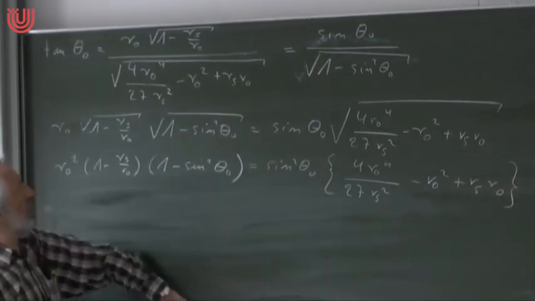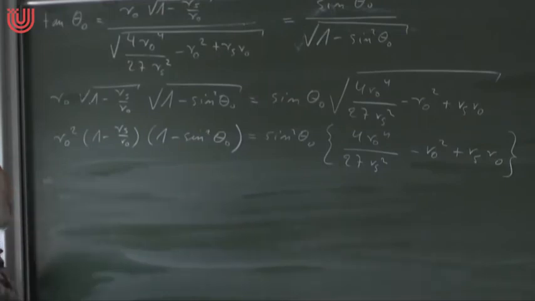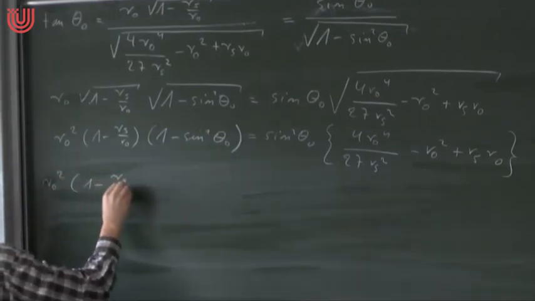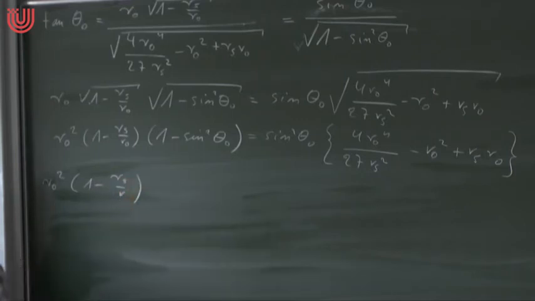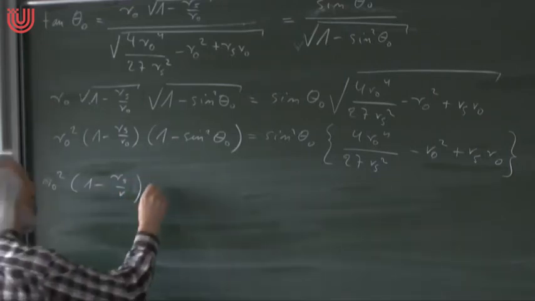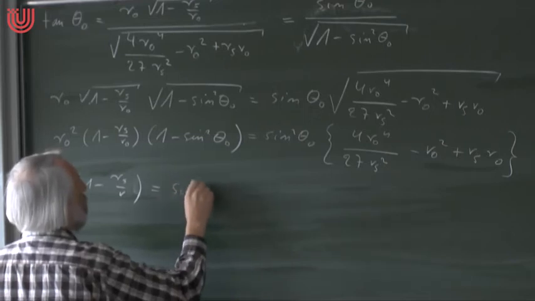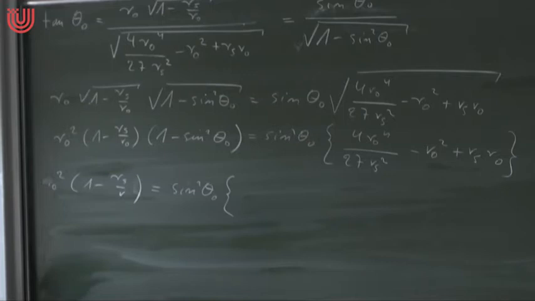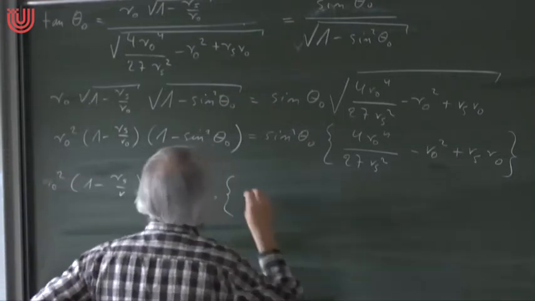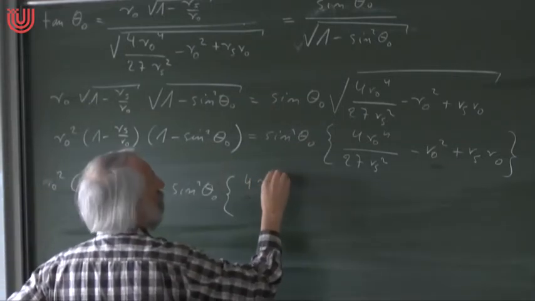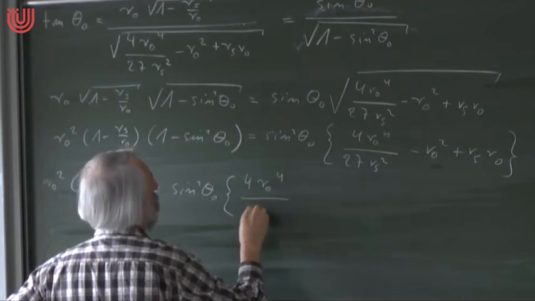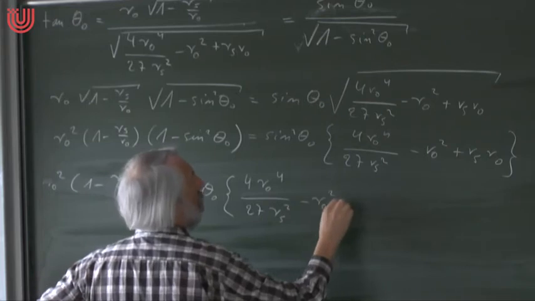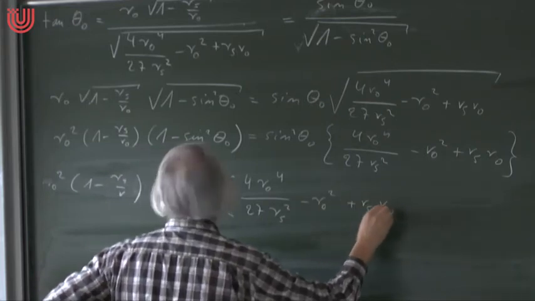And now I collect everything with sine squared on the right hand side. So I have this, and on the right hand side I have sine squared theta_O times what? I begin by copying these terms: 4 R_O to the 4, 27 R_S squared, minus R_O squared plus R_S R_O.